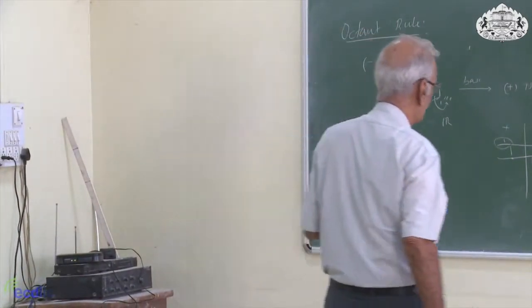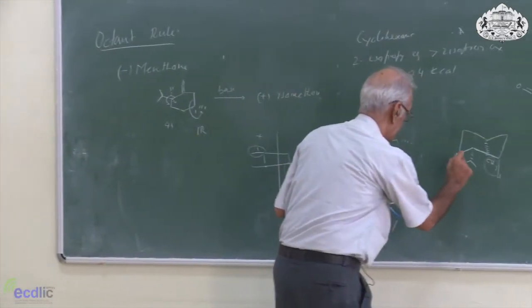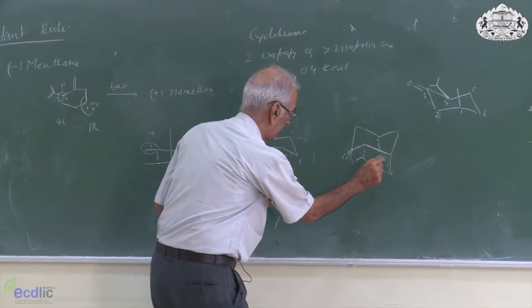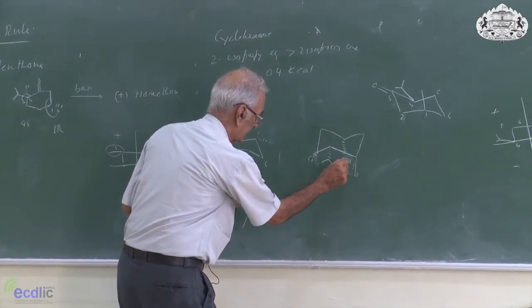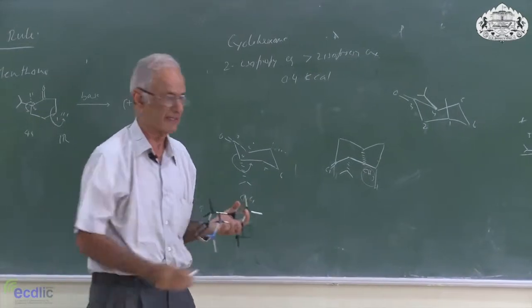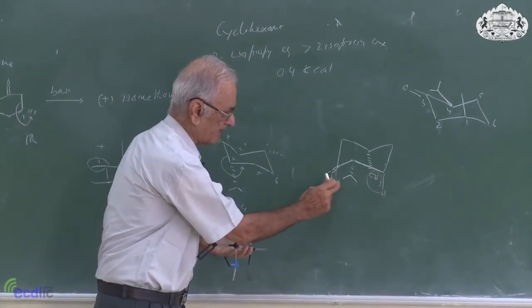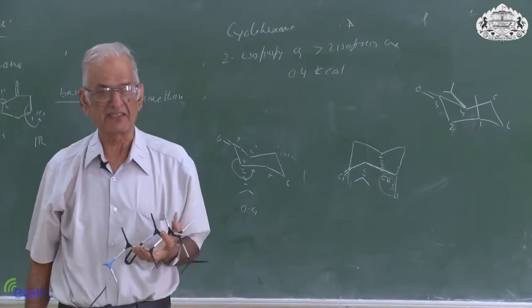But look at something. In a cyclohexane, what would happen? This methyl would have interaction with this hydrogen, and it would have interaction with this hydrogen. But in a ketone, it has only a large interaction with this, and a very small interaction here.